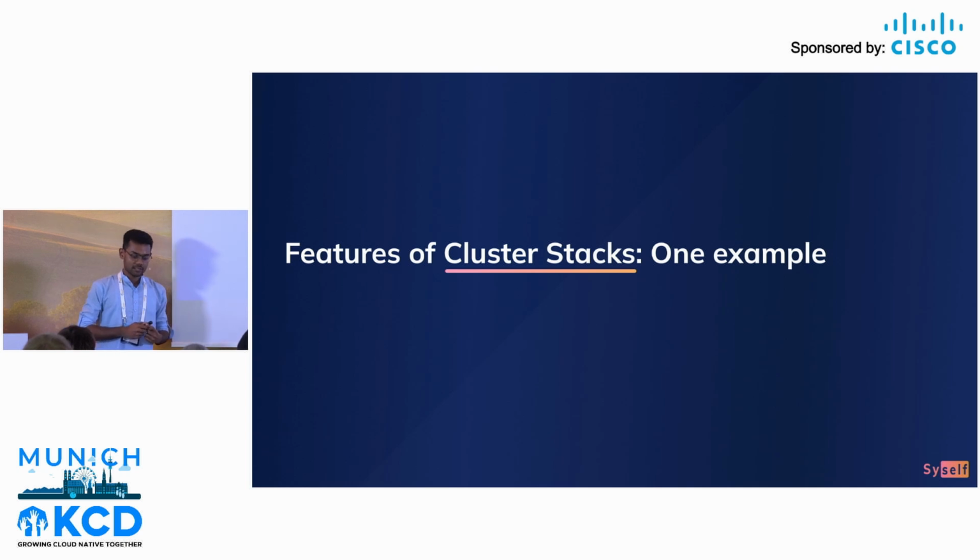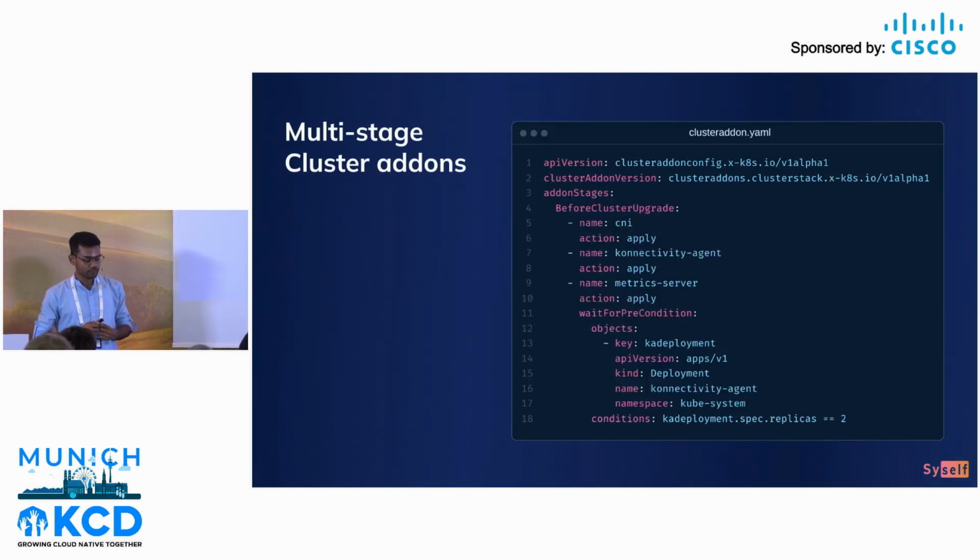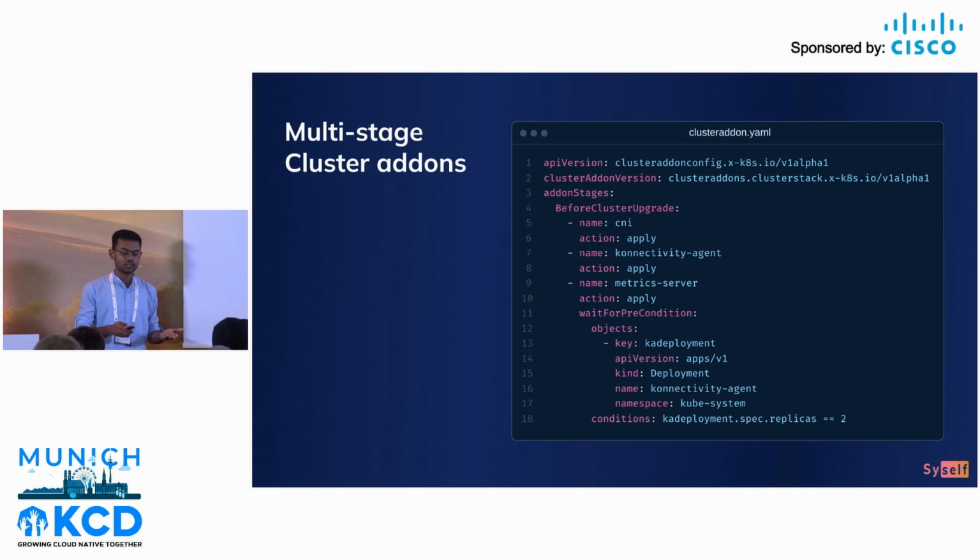Features of cluster stacks. One example is multi-stage. As we know, each cluster add-on is a specific component, and each Kubernetes component has different requirements. For example, here, as a developer, you can be sure of what you want in your upgrade process. You want V1 to V2.